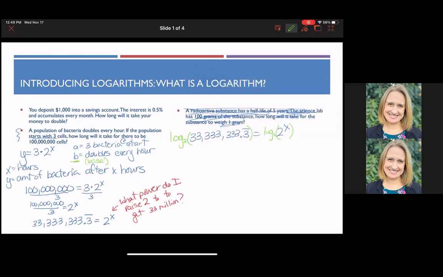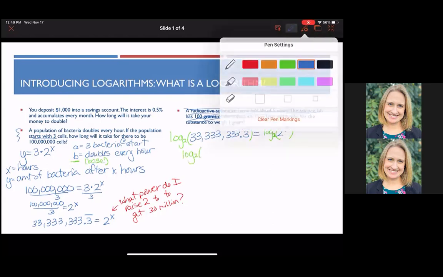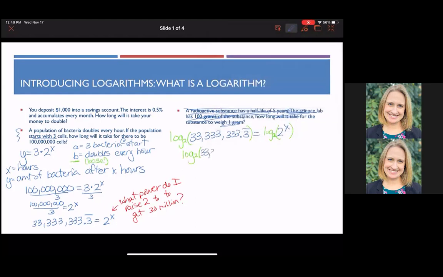And so that's why we want log base 2. And that log base 2 is going to undo this exponent. So we're going to have log base 2 of our 33,333,333 repeating. Go back to blue.